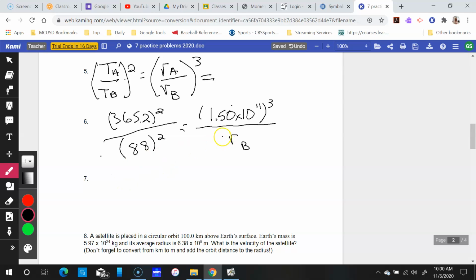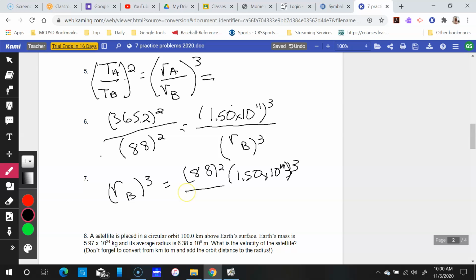And again, that is cubed. So when you rework the equation, you have R of B cubed, right, because you cross multiply and then isolate, right? So then you would have 88 squared times 1.50 times 10 to the 11th, cubed, right?